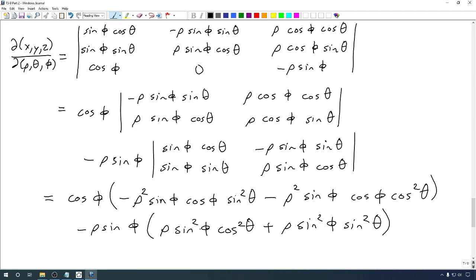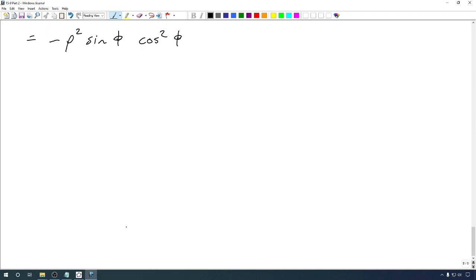So we have that rho sine squared. We already have a minus rho and another sine outside. So we'll have minus 2 rhos. Technically, we have 3 sines of phi. I could write that as sine cubed if I wanted to. I'm going to write that as sine times sine squared of phi.